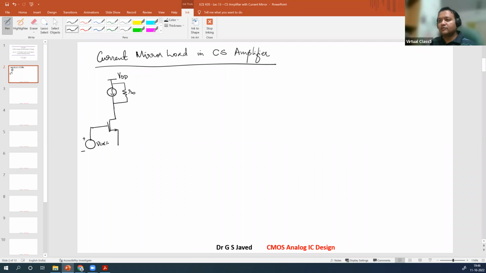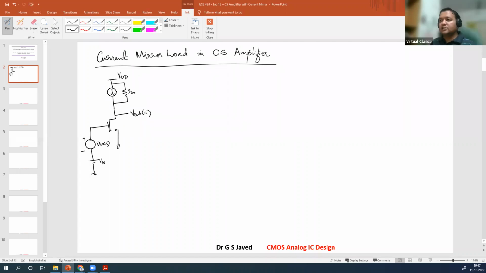This is Vin of t, which is the small signal value. Then there is this DC biasing value Vin, grounded, and at the source we have a ground. There's no source degeneration. Input is given at the gate, output is taken at the drain. So this is V out of t.